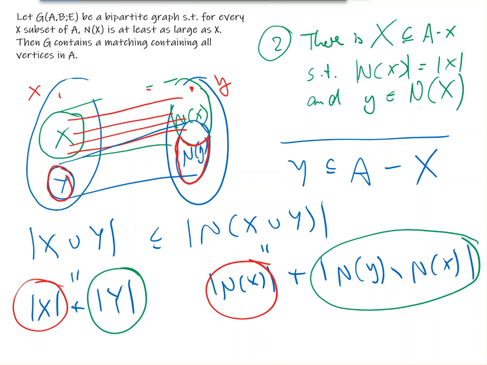Why is this great? Well, this tells us that in this graph G, after we delete X and its neighborhood, this new graph, which is smaller, has Hall's condition.